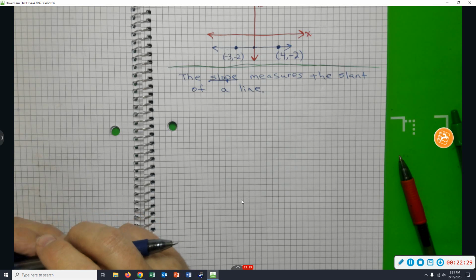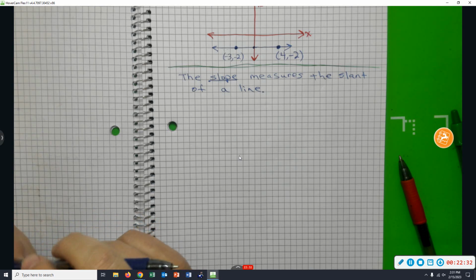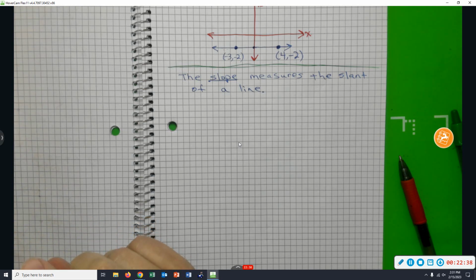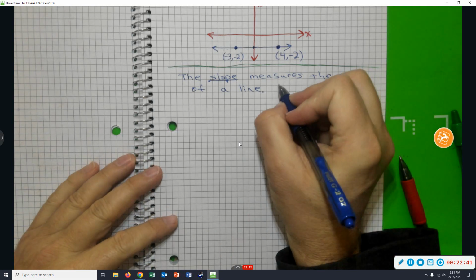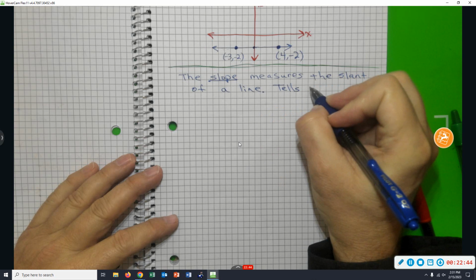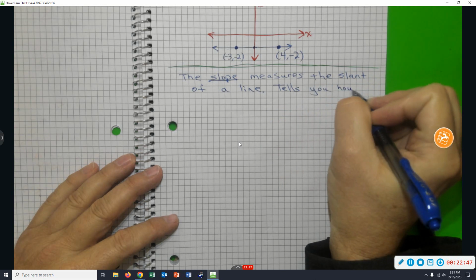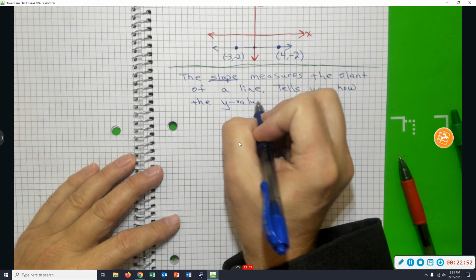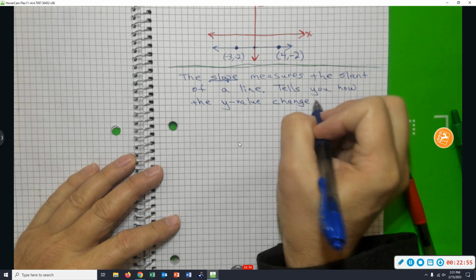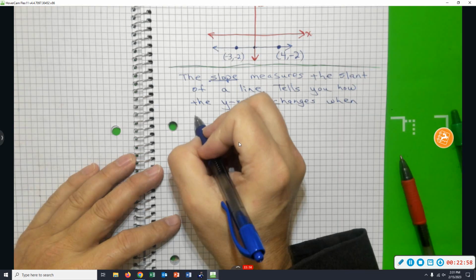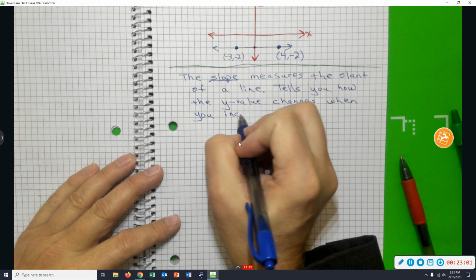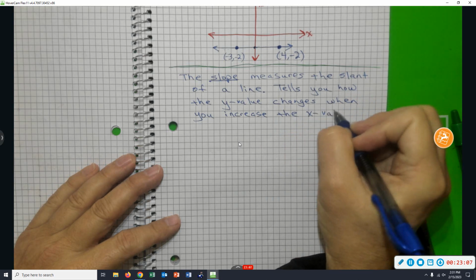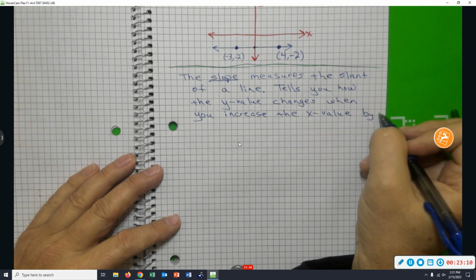If you study slopes, you'll see that the slope actually tells you how the y value changes when you increase the x value by a unit of 1.